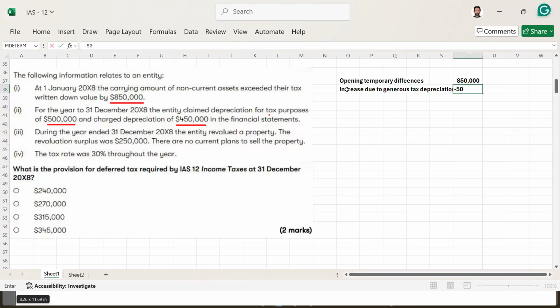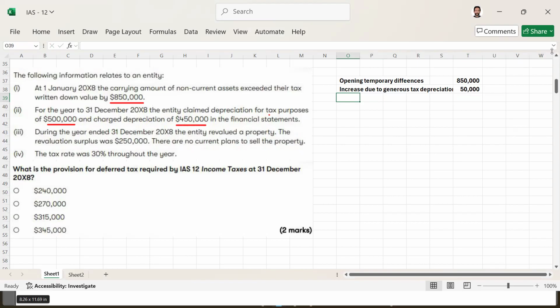Okay, so that is 50. I should add this 50,000 here, because the temporary differences have increased. Because when you charge more tax depreciation and less accounting depreciation, the carrying amount becomes higher, and that leads to further temporary differences. Okay, I hope this point is clear to everyone.